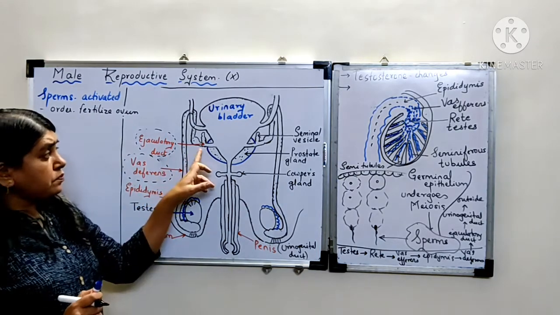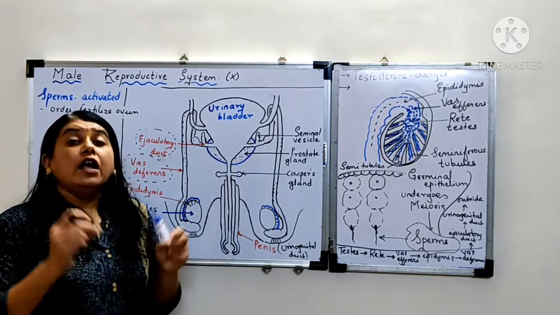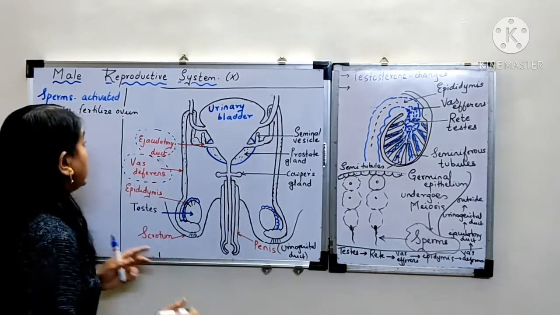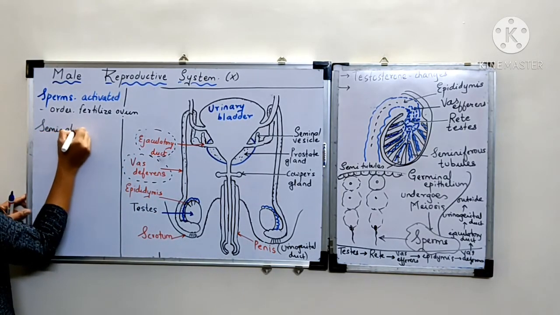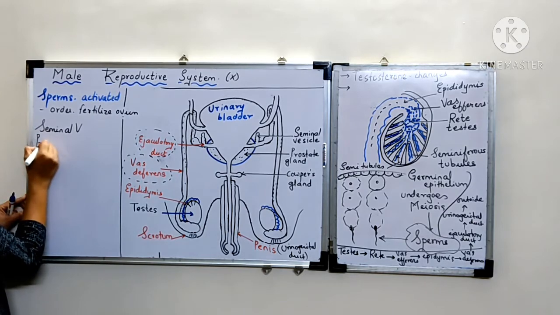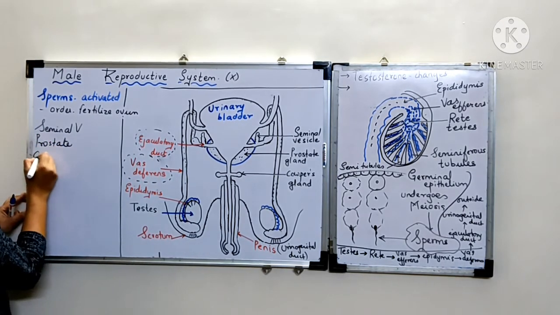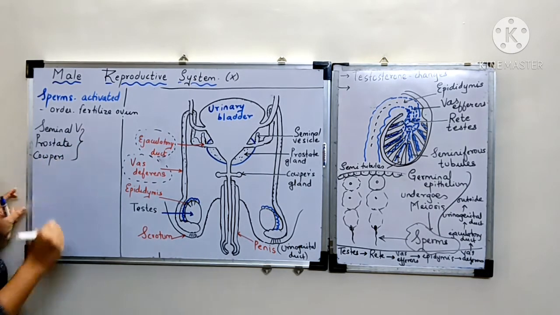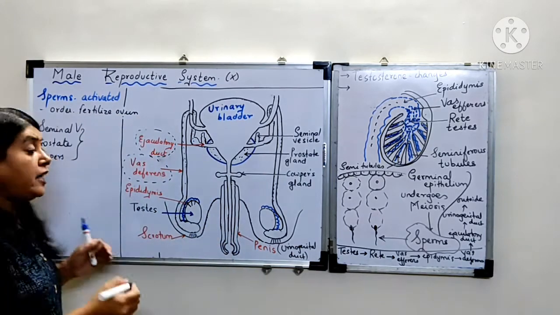Right? Now, let us see the function of these three glands: seminal vesicle, prostate and Cowper's gland. Understand, seminal vesicle, prostate gland and Cowper's gland, they are going to secrete an alkaline fluid. These three glands together secrete an alkaline fluid.